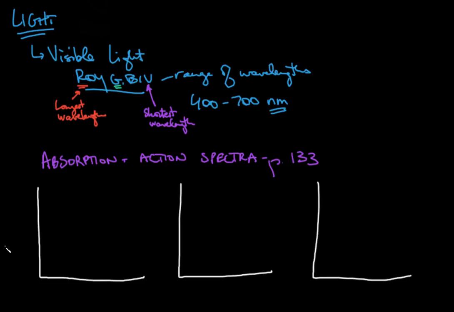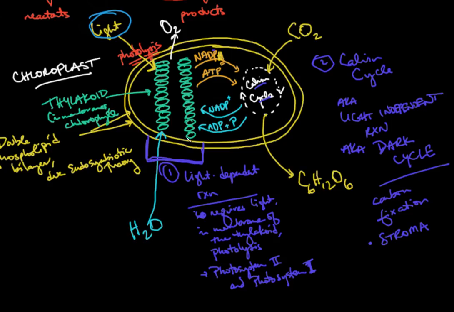So if we're looking at, I'm just going to abbreviate this as rate of photosynthesis and temperature, what you should predict is that because temperature is a measurement of molecules of, well, if it's air temperature, the molecules of the air that are bumping into each other. And if we're looking at this diagram from before, we know that CO2 is a molecule in the air, and it will make up a large part of the glucose that's being made.